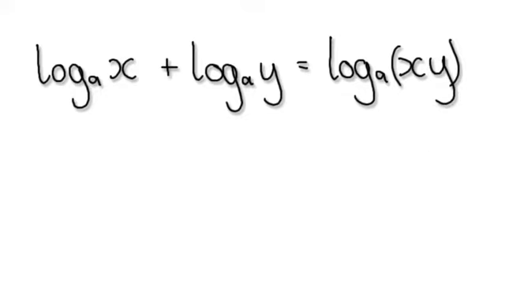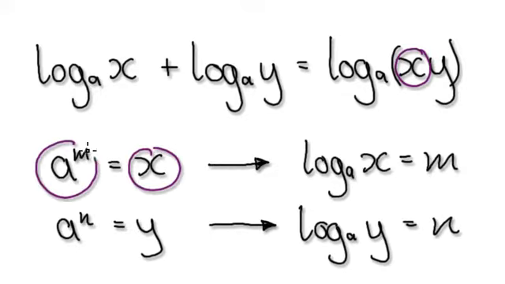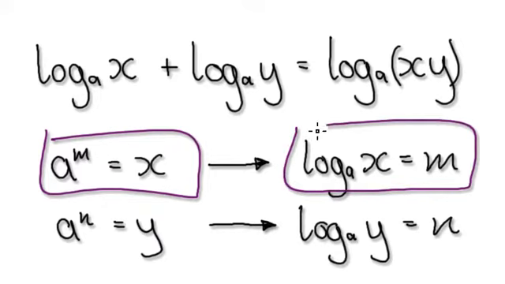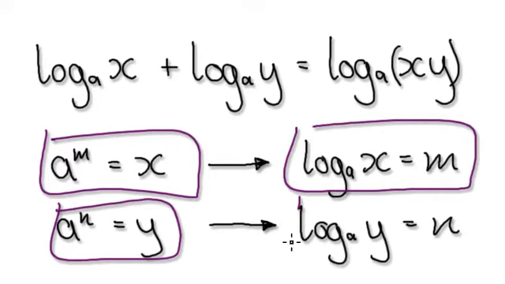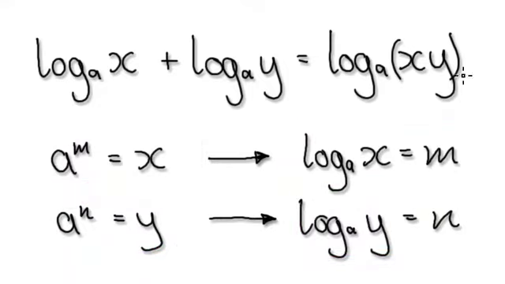Okay, so to prove this here, rewrite the x as this, rewrite the y here as this thing here. So once you have this here, you will automatically get this. Once you have this, you will automatically get this. Okay, so now looking at this here, you've got x times y.